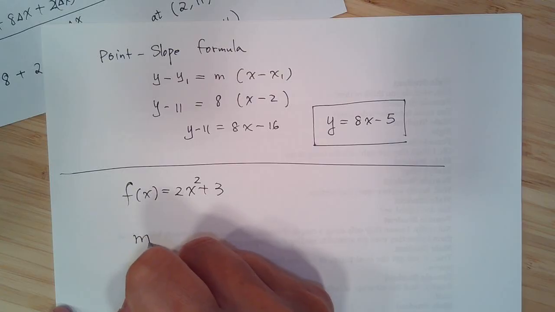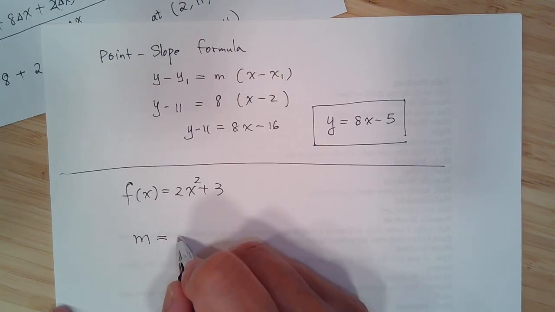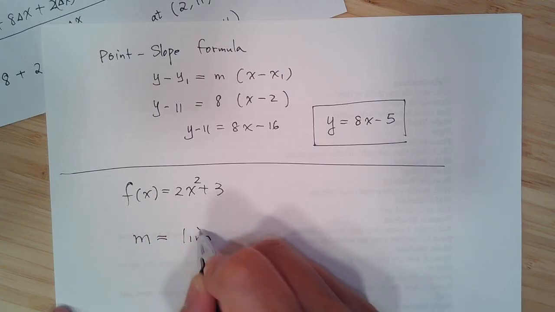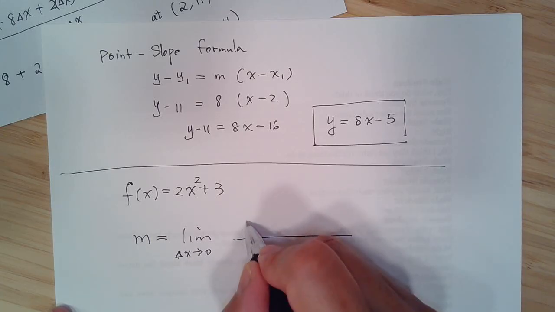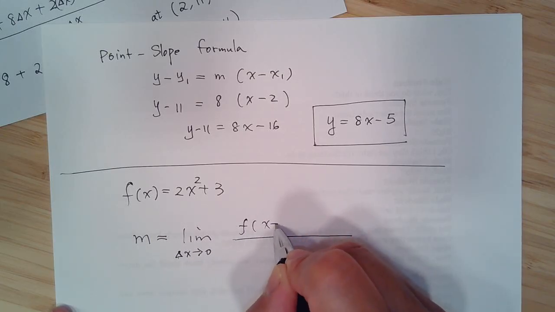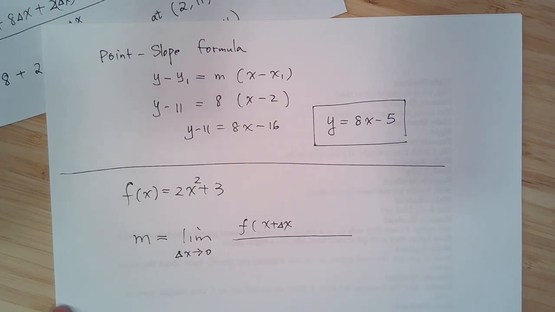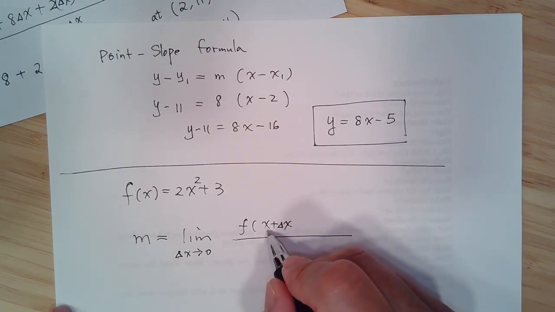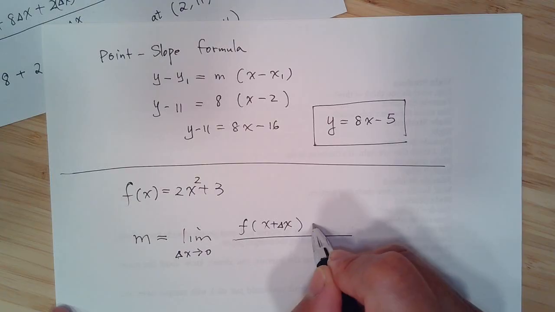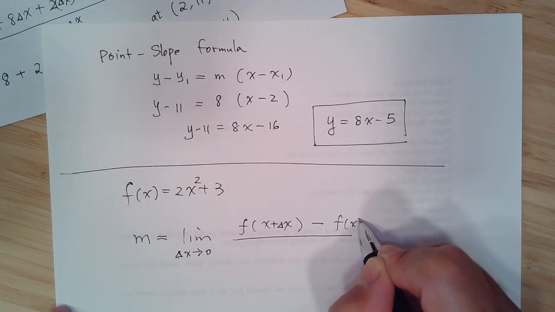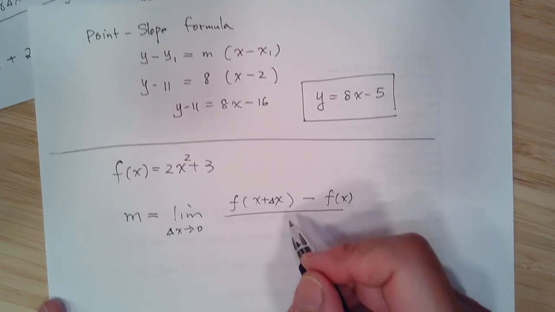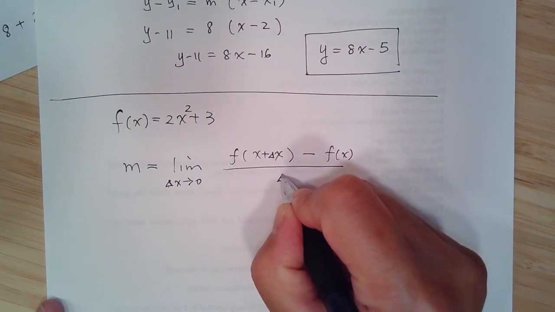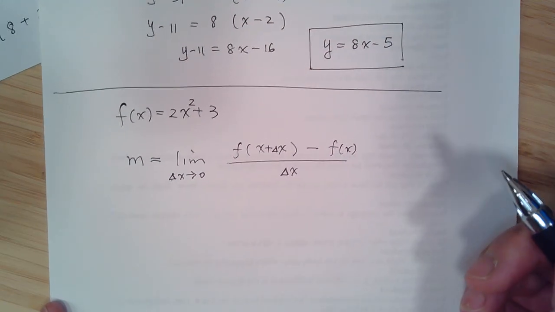The slope equals the limit as delta x approaches 0 of f of x plus delta x. This x later I can replace by any value. Minus f of x. See, that's the change in the y-axis, and then the denominator will be just delta x, rise over run.